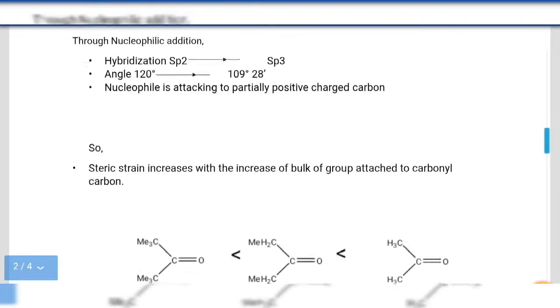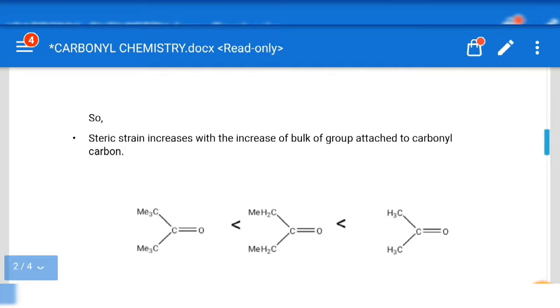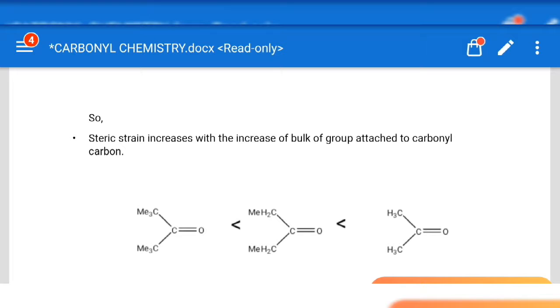After the reaction, steric strain is an important factor. Steric strain increases with increase in the bulk of the group attached to the carbonyl carbon. If steric strain increases, the rate of the reaction will decrease.